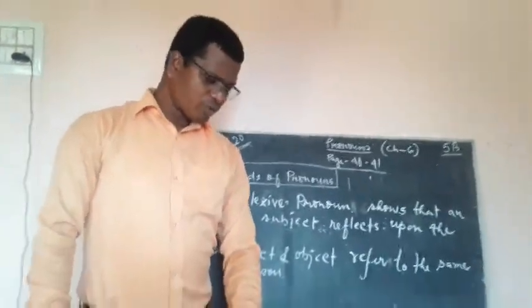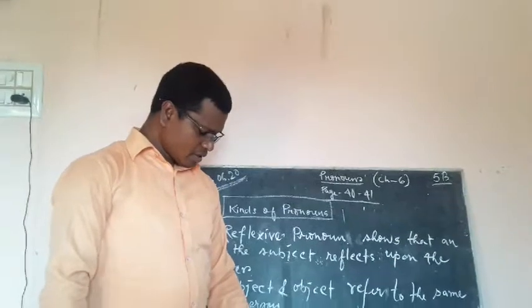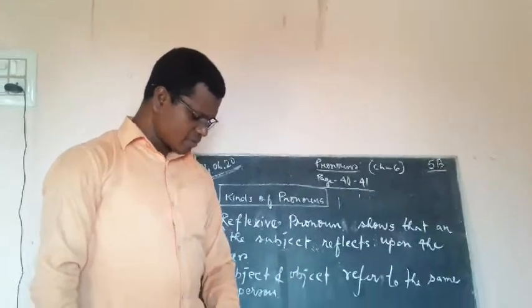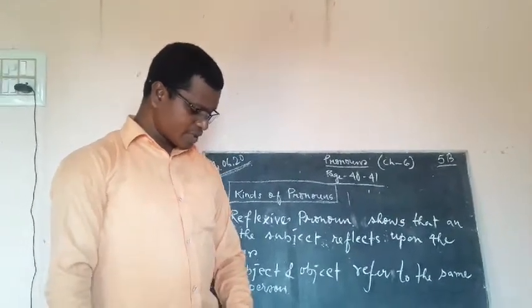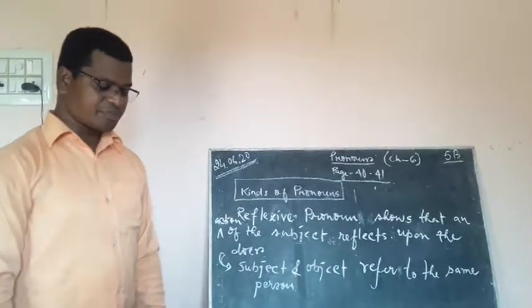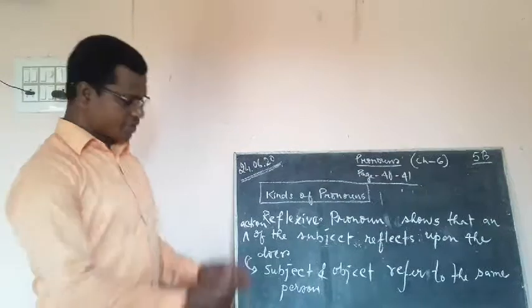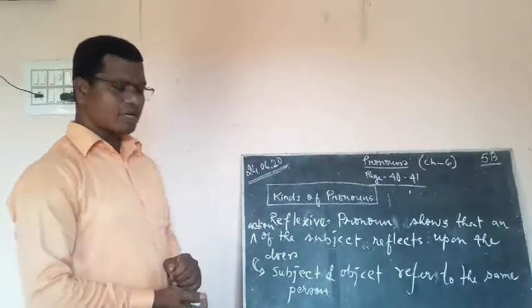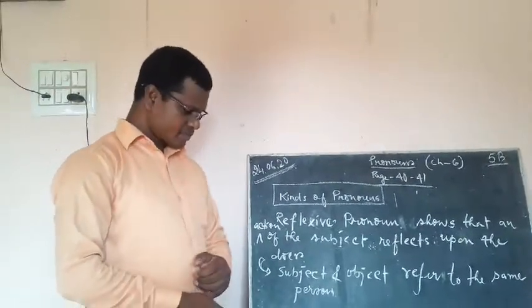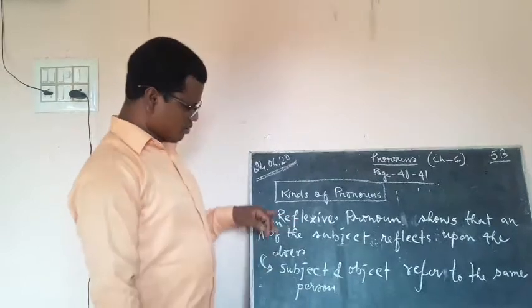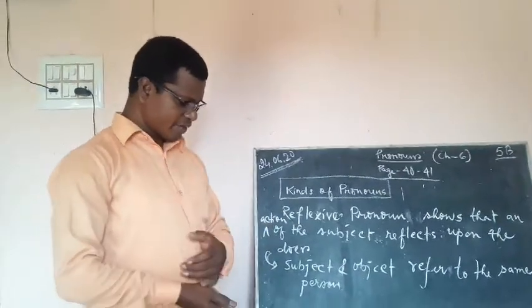One more way I can tell you that one. It will be easier when we see from the book. Reflexive pronouns are used when the subject and the object of a sentence are the same. And this one also we can see in the other way.